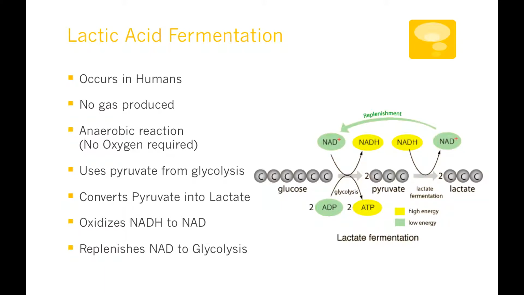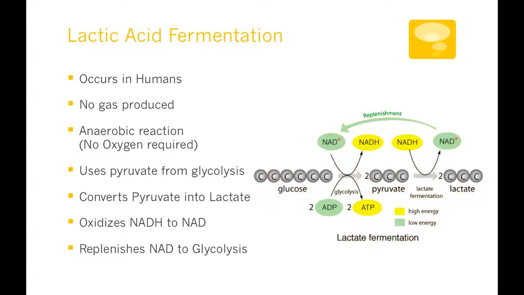So, lactic acid fermentation. It occurs in humans. No gas is produced. There is no gas byproduct. This is unusual. It's the only cellular respiration process that doesn't produce gas as a byproduct. No oxygen is required for it. It uses the pyruvate from glycolysis.